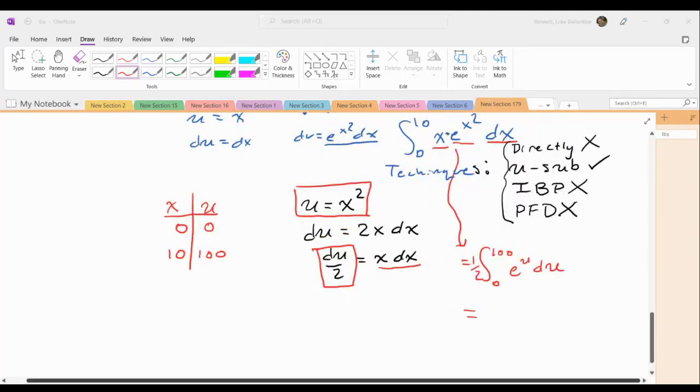So what is the antiderivative of exponential u with respect to u? Itself. Yep.